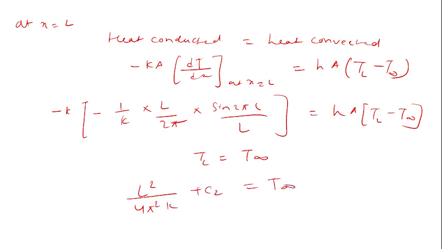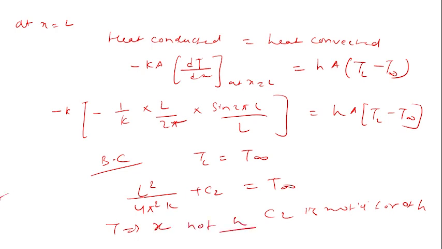So here one thing we know is that C2, this is your boundary condition, is not a function of h. So T is only a function of x, not h.